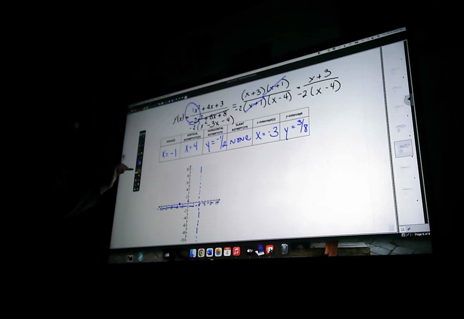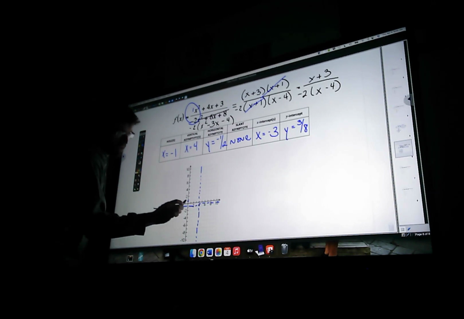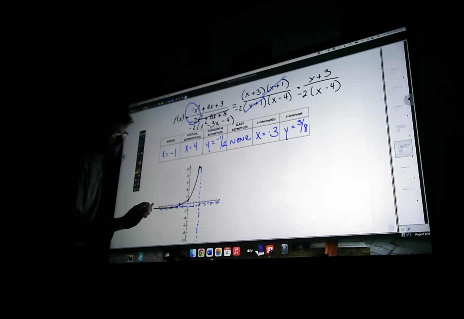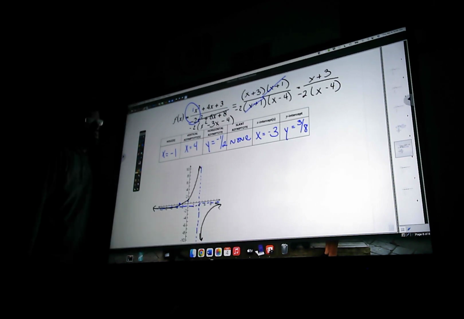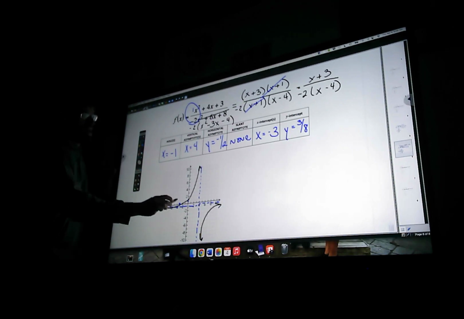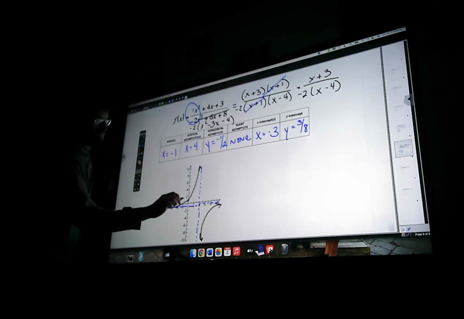Now, I can tell that this is going to look like this. The last thing I have to do is insert that hole in there at -1.